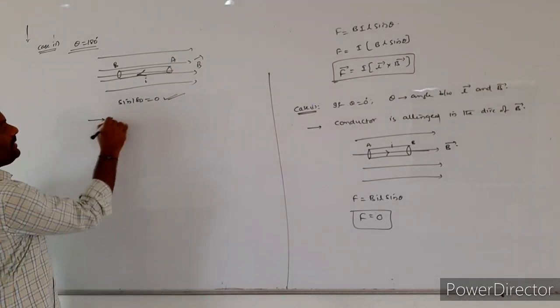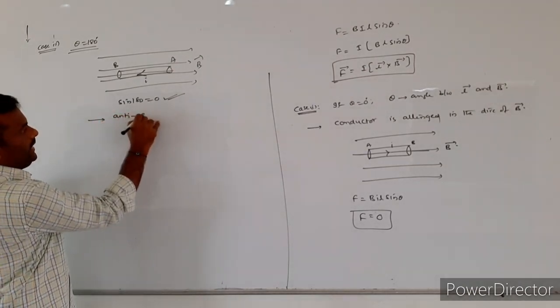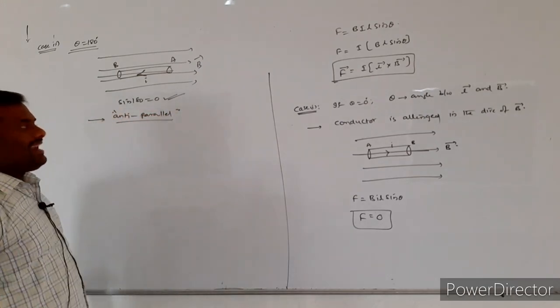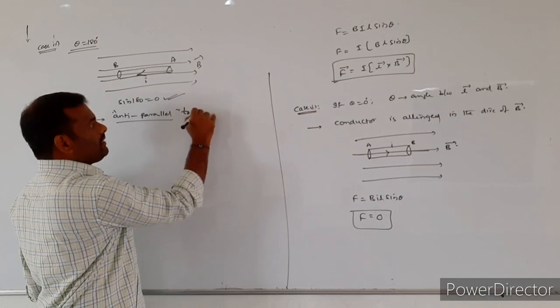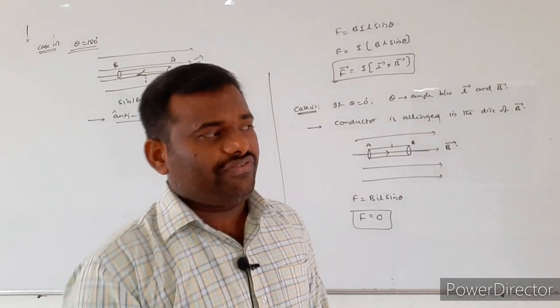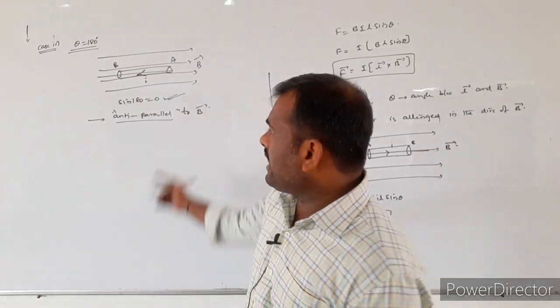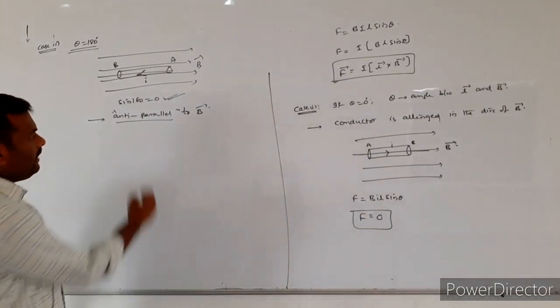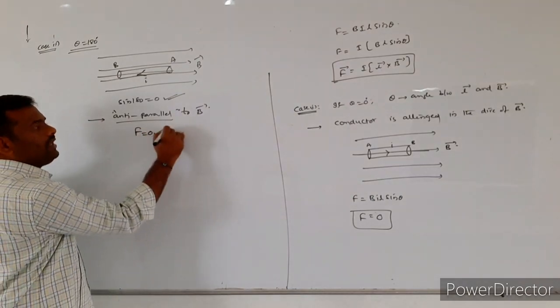That means the conductor will be aligned anti-parallel to the direction of the magnetic field. If sin 180 is equal to 0, force is also equal to 0.